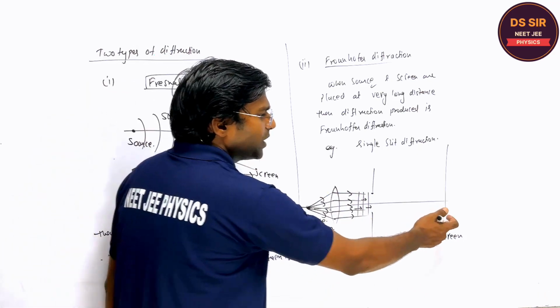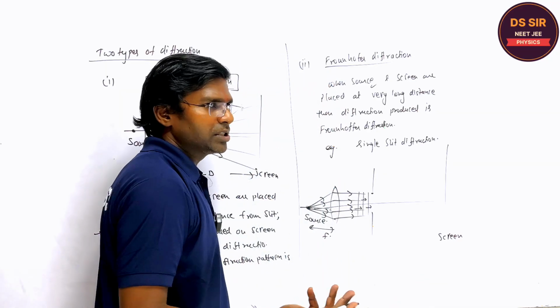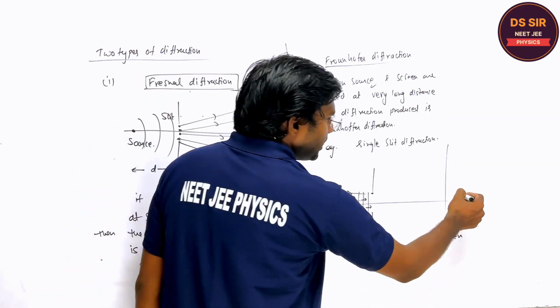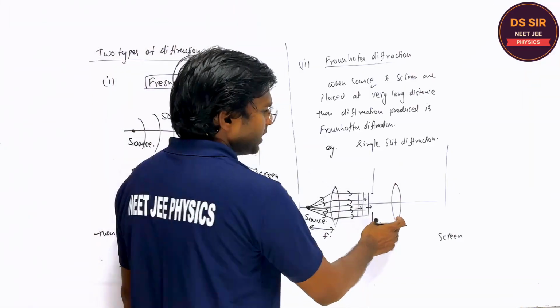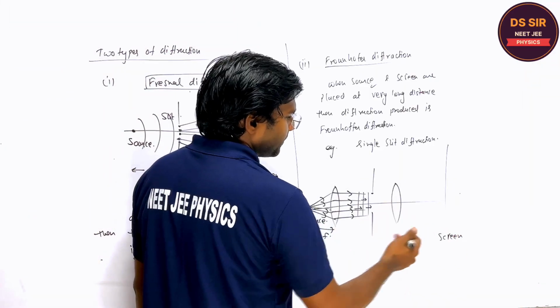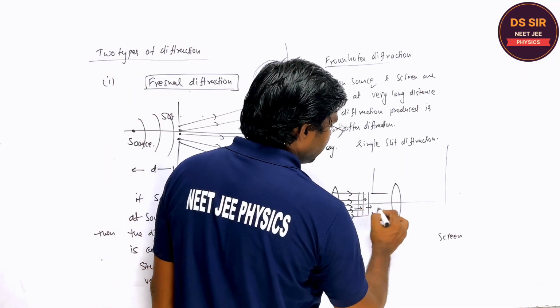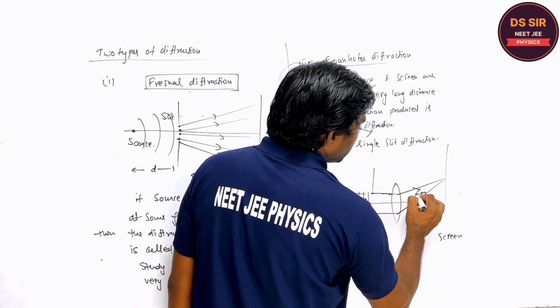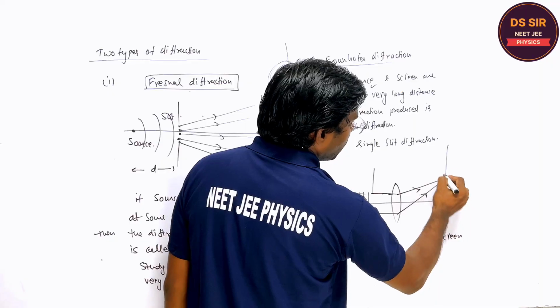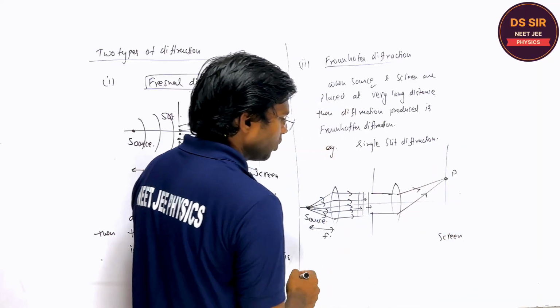In the same way, we cannot place this screen at a very long distance. It is not possible. To get the diffraction pattern, again we have to put a lens after the slit. So when the light waves are coming, due to the diffraction, they will produce the diffraction pattern on this screen. Is it clear or not?